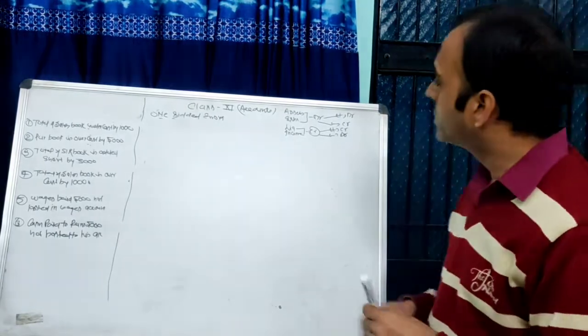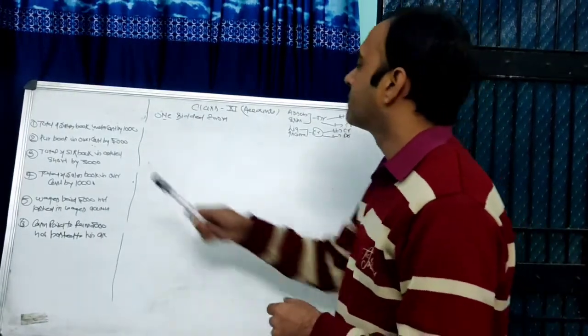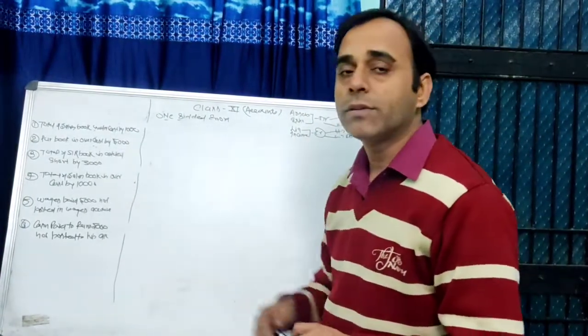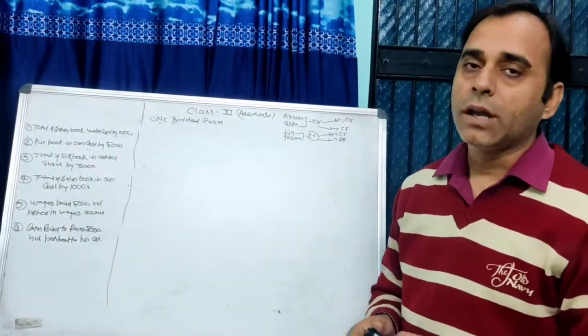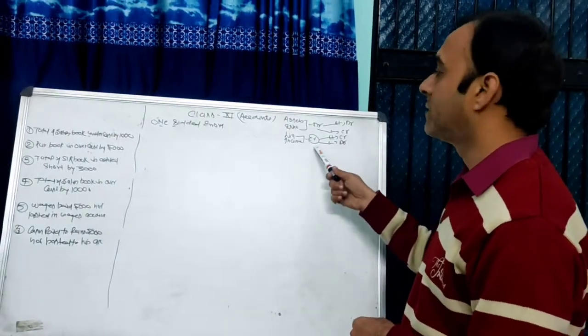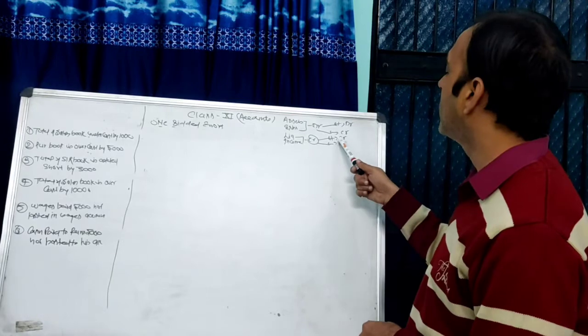Now see here, we are discussing some questions. The total of the sales book is undercast by 1,000 rupees. It means the balance of sales is decreased by 1,000 rupees. How will the error be rectified? We have to increase the balance. Sales has a credit balance, so we have to increase the balance of sales.